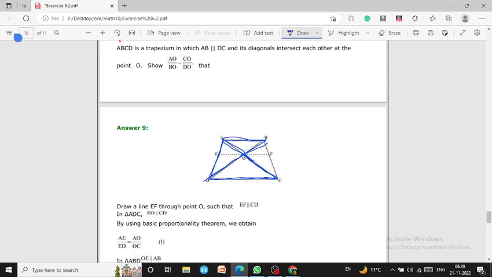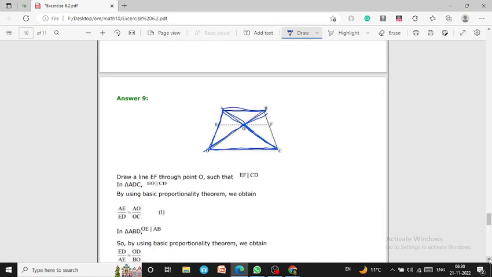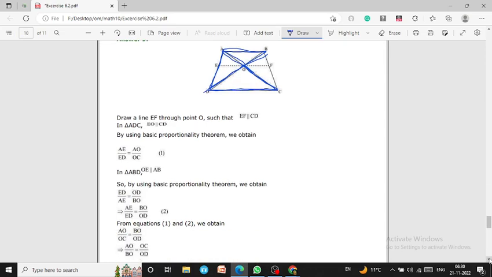Here OE is parallel to AB, so ED over AE is equal to OD over OB.